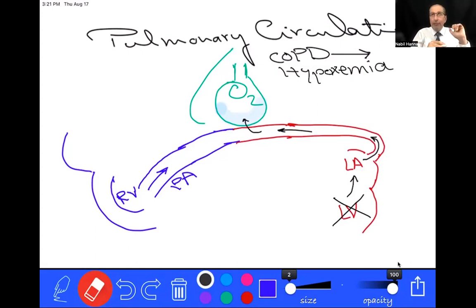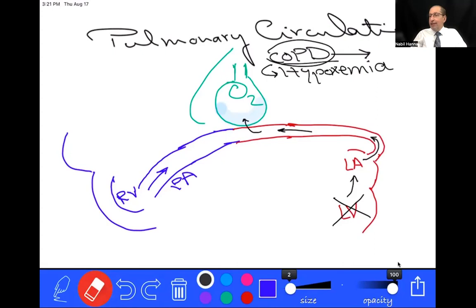I am tired. This is exactly the case when the lung has a disease that causes hypoxemia. The lung says, I am tired, I am sick, I don't want to receive more venous blood to oxygenate because I am sick. So the lung will shut the pulmonary vessels, will constrict the pulmonary vessels.